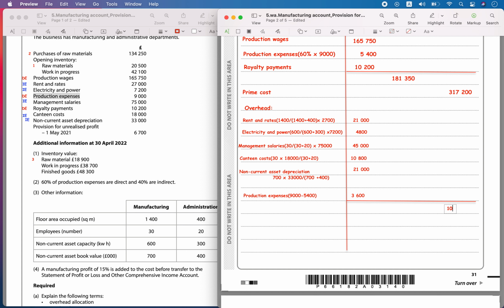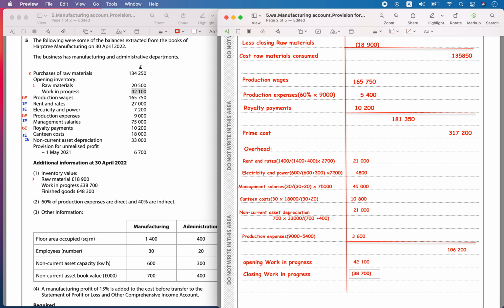Now let's add all the cost total. It is 106,200. Now 42,100 minus 38,700, so that should be 3,400.